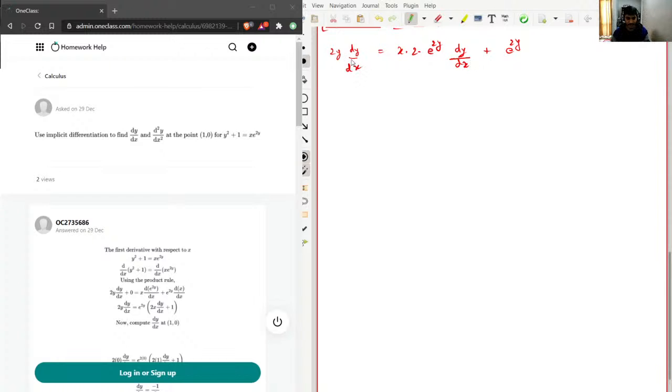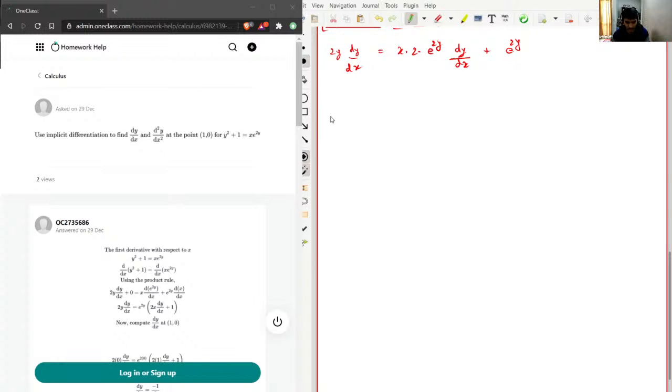Now I'll again differentiate this equation with respect to x, and now we'll have some special treatment for these dy by dx terms. When we differentiate, 2y is taken as one function and dy by dx is another function. So we'll use the product rule between 2y and dy by dx.